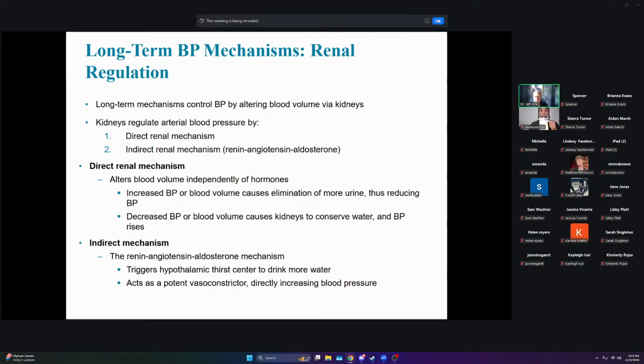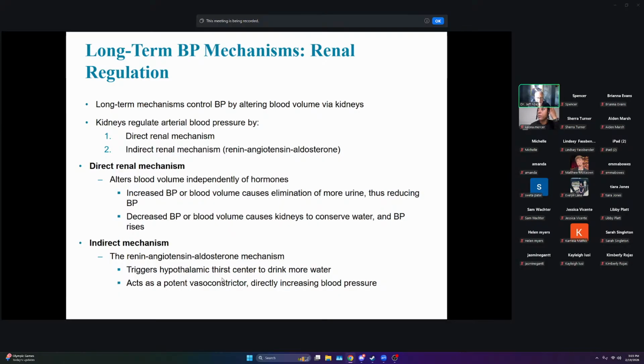When you exercise, you get thirsty. So that is the kidneys releasing hormones that trigger the hypothalamus to tell your body and your brain, hey, I'm thirsty. You then take in water. And of course, when that water is taken in, it can get recycled during the direct renal mechanism and raise your blood pressure back up.